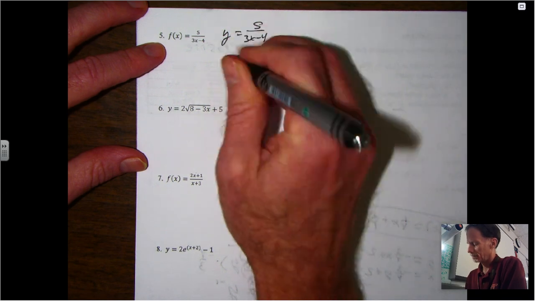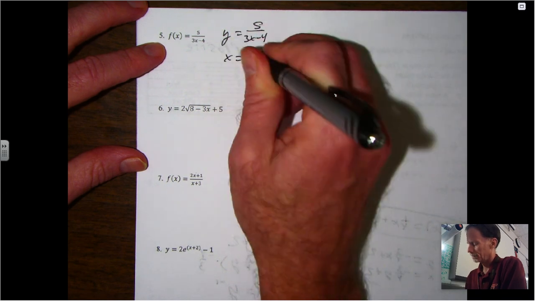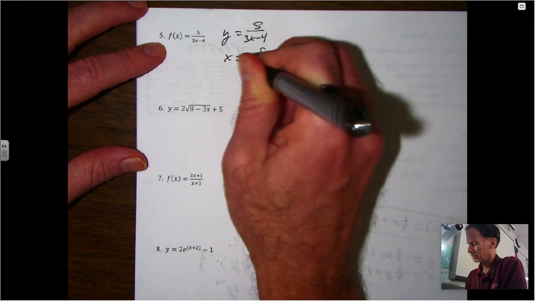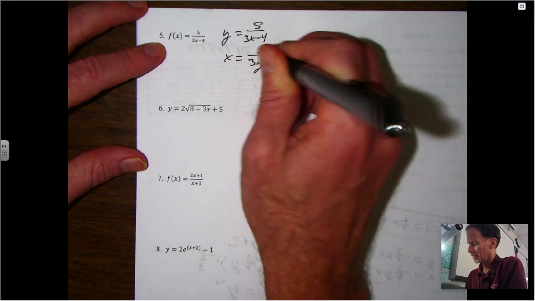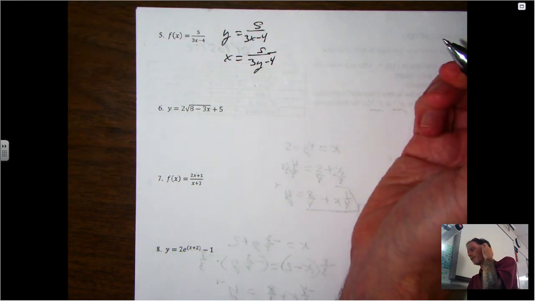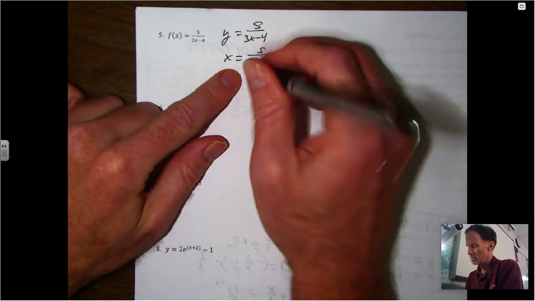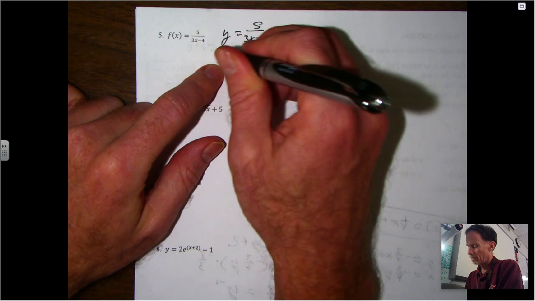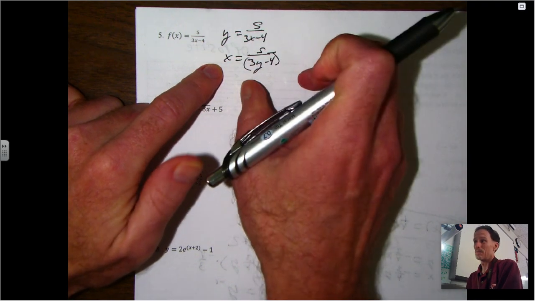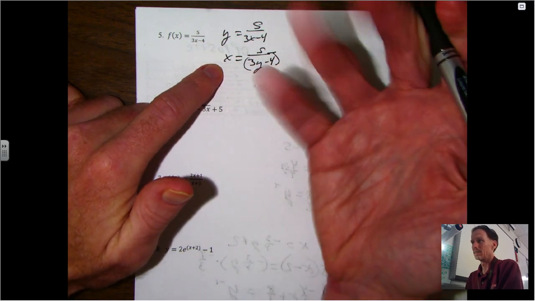Switch the x and y. Now to solve this, remember we want to get y by itself, right? So we want to move this whole thing over here because we can't have it in the bottom. We don't want y in the denominator, right?